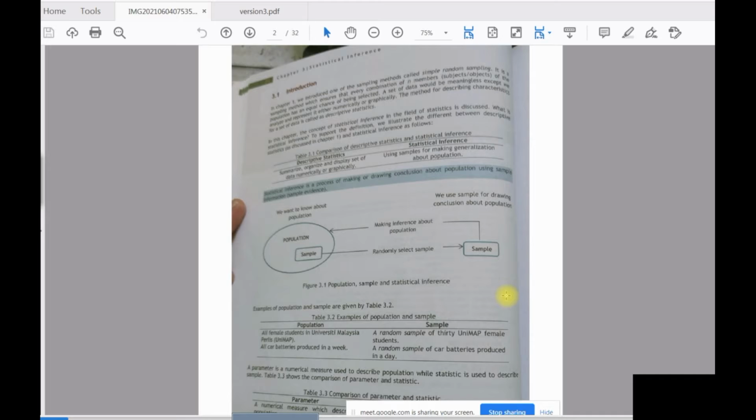The keyword is all. For sample, there is a selected set only, a random sample. Maybe if we have 100 in the population, maybe we just take 20 data only. That is a sample. We take a smaller amount from the population.